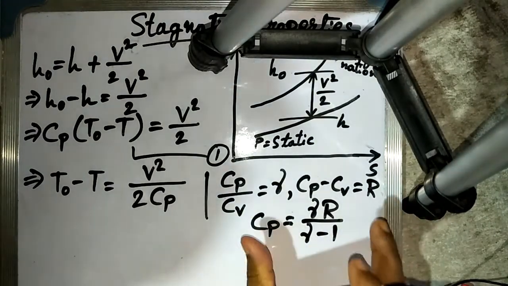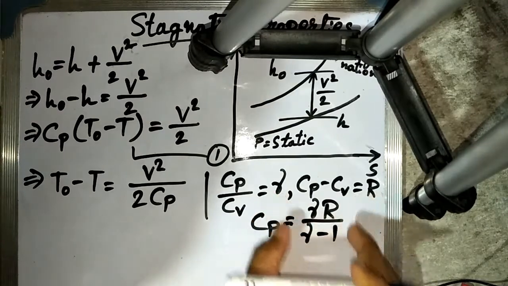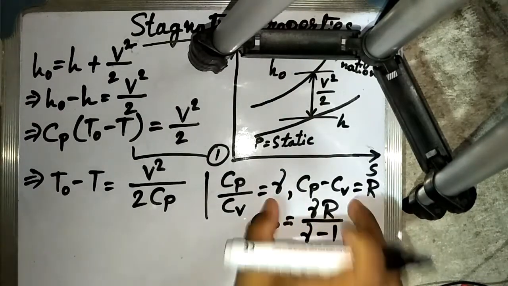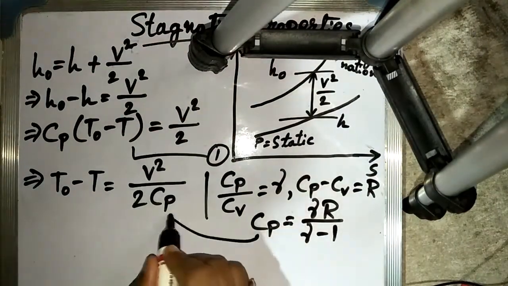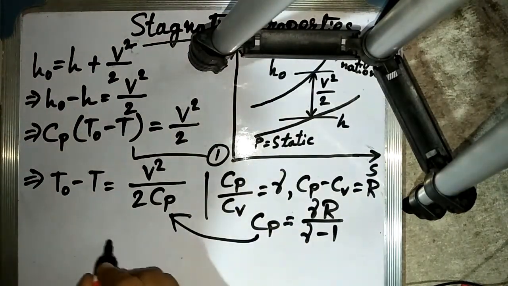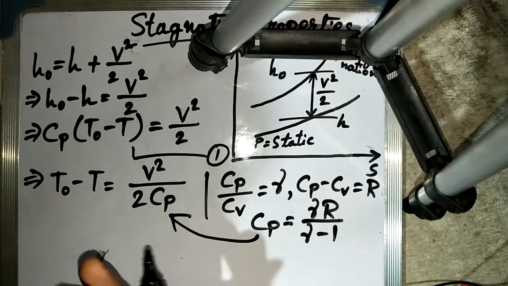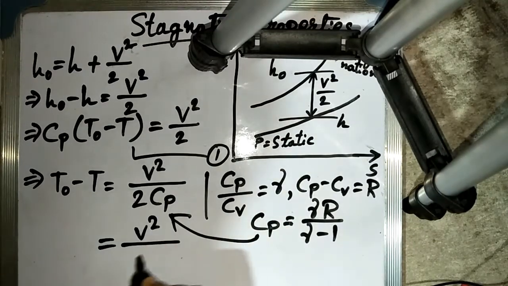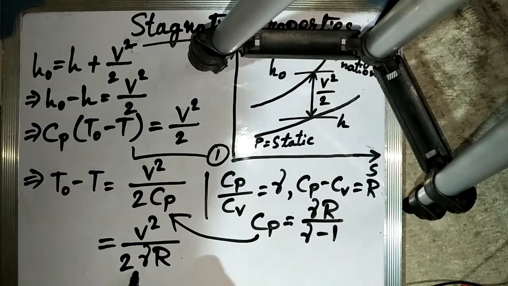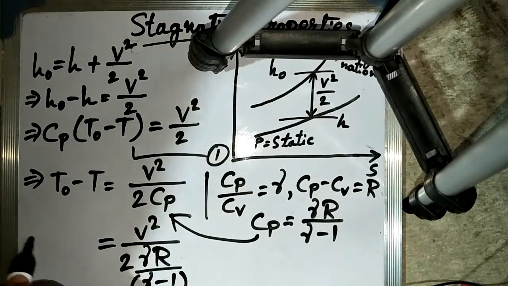We can derive this Cp value from these two equations. By substituting this Cp value into this equation, we get V square by 2 into gamma R by gamma minus 1, that is T0 minus T.